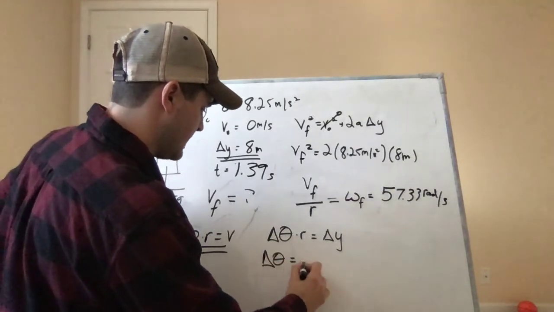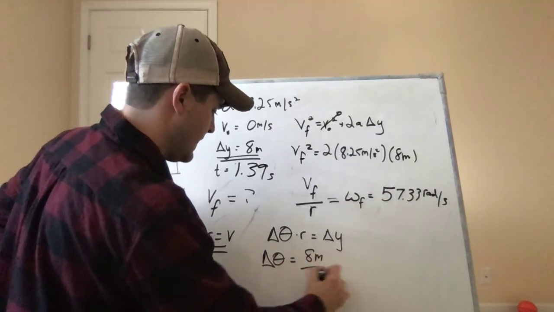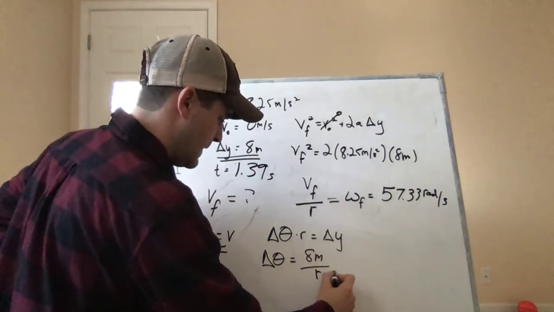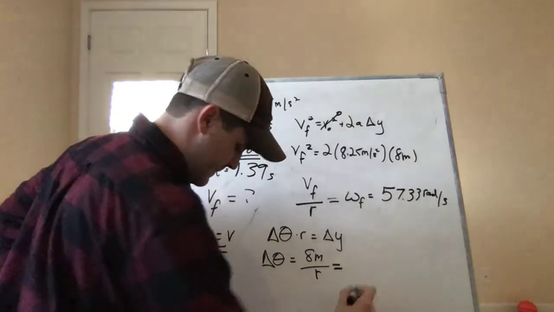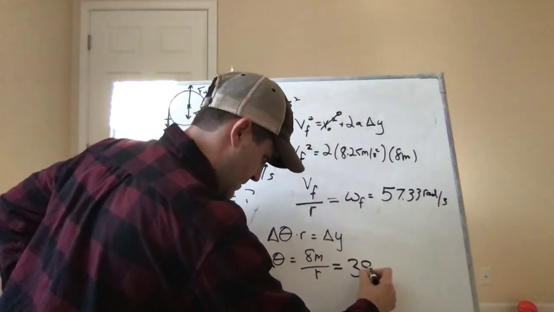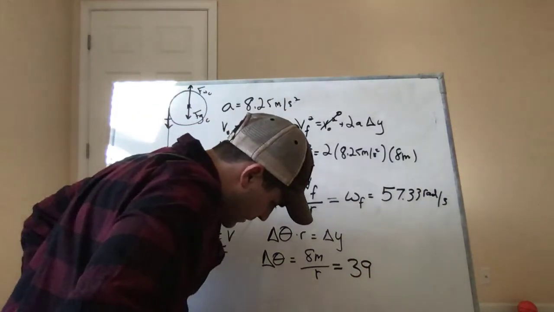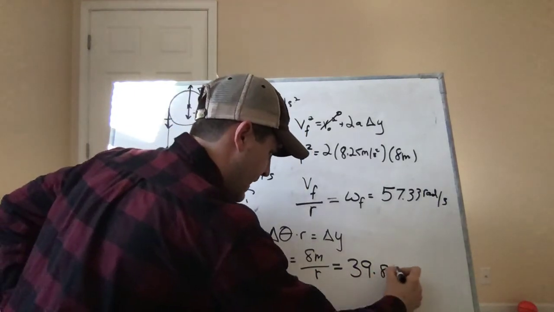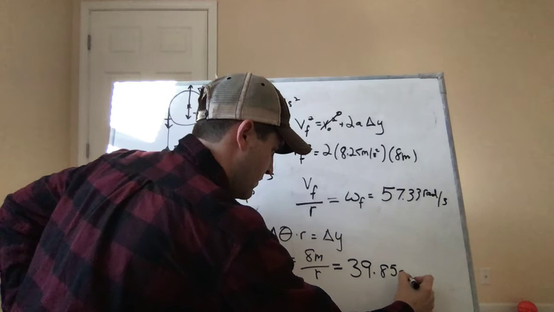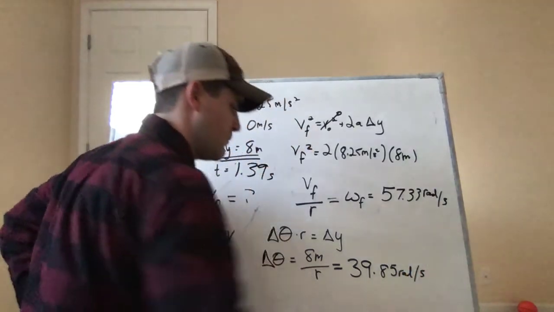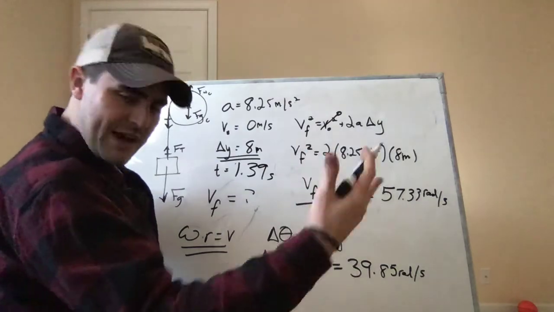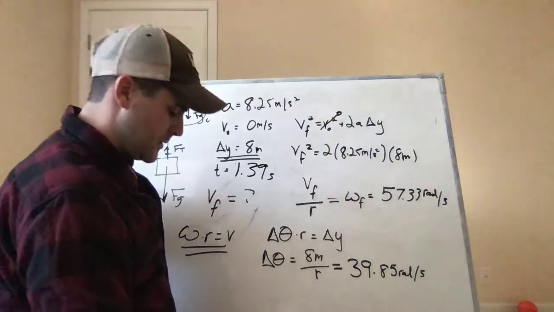Delta theta is equal to 8 meters divided by the radius of the pulley. I end up with 39.85 radians. I'm looking for how many revolutions the pulley made, so you can go ahead and divide that by 2 pi to find revolutions.